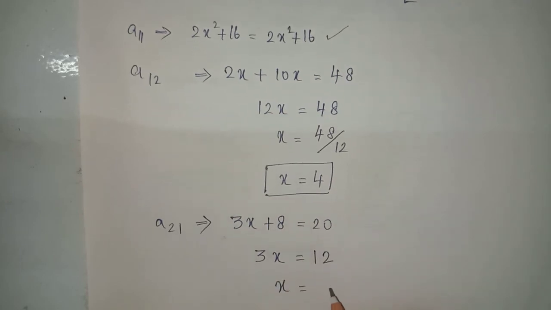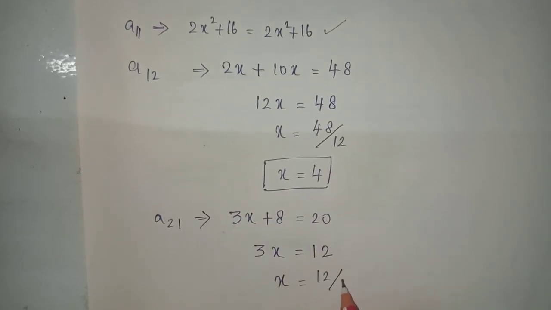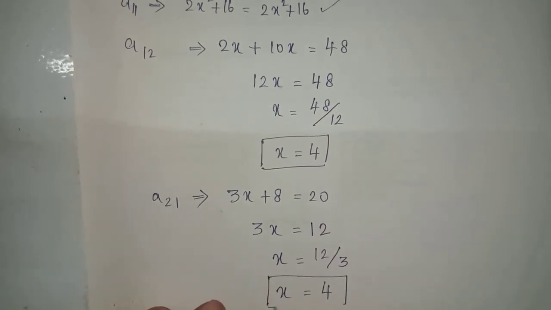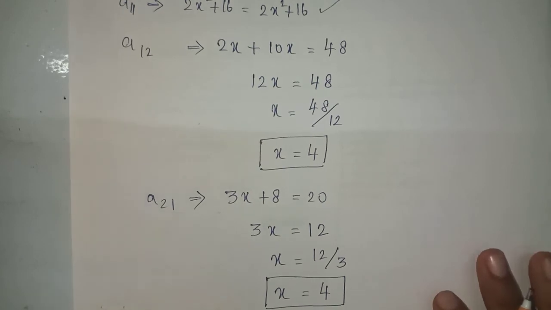Then x is equal to 12 divided by 3, which is nothing but x is equal to 4. So this is equal matrix. So if you compare any elements, we finally found the value of x is equal to 4.